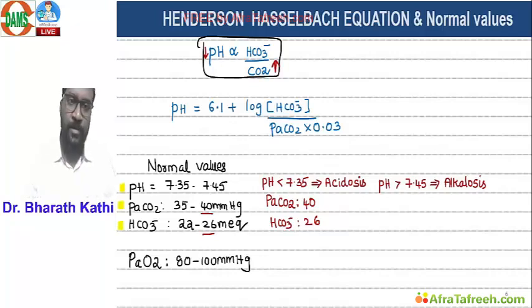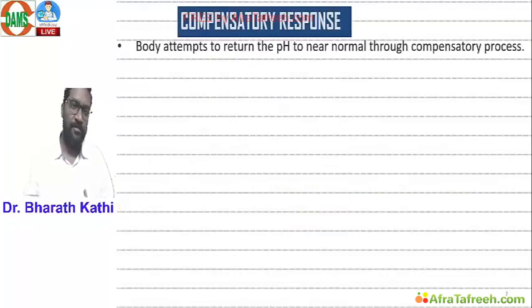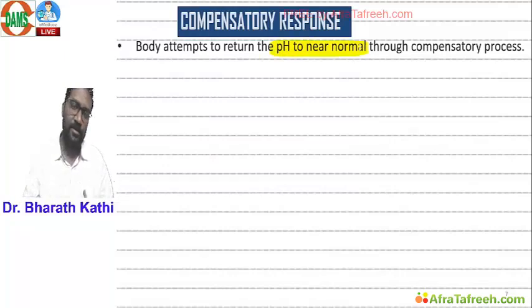Write down what is meant by compensatory response. This is a response that will try to return the pH to near normal. Body attempts to return the pH to near normal through compensatory process.